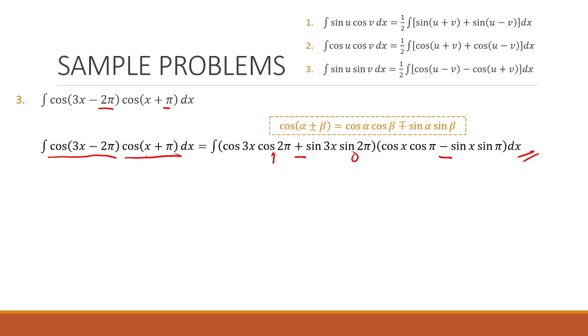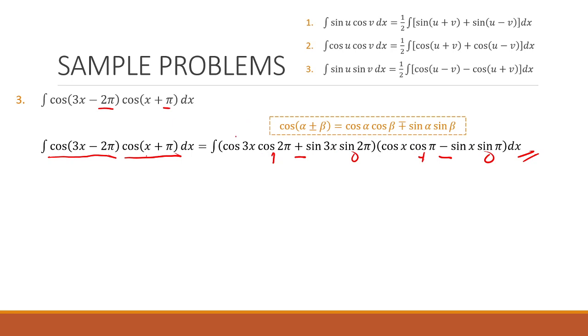For cosine, we take the x-coordinate, therefore cosine pi is negative 1. And sine pi is the y-coordinate of negative 1, 0, so sine pi is 0. Then, simplify.